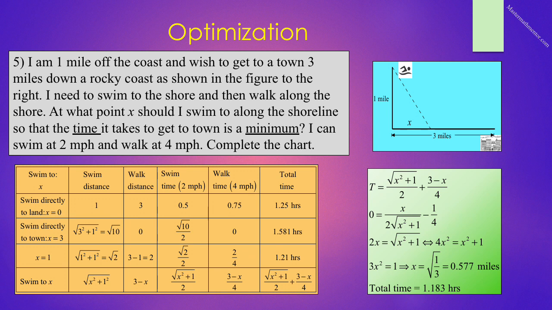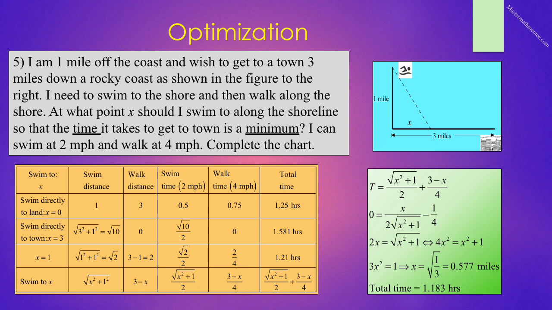Taking the derivative and setting it equal to 0, we get 1/2 times (x squared plus 1) to the negative 1/2 times 2x all over 2, which gives x over 2 square root of x squared plus 1 minus 1/4.